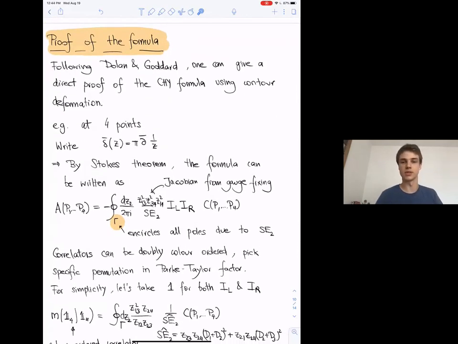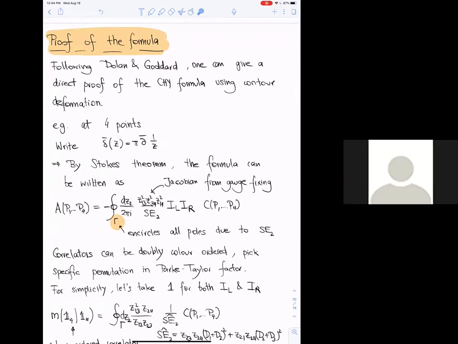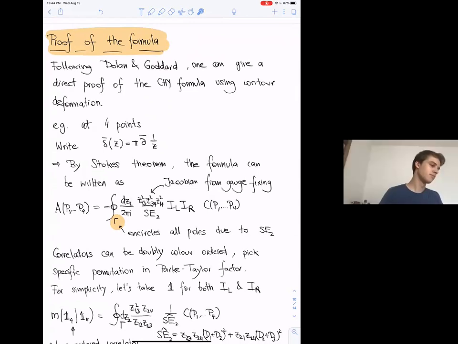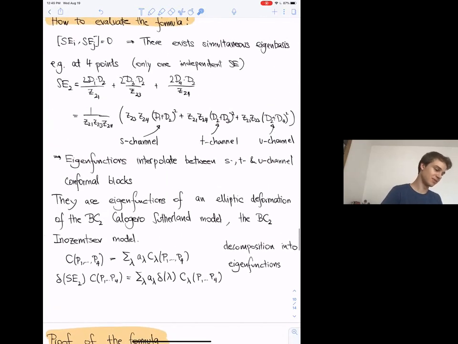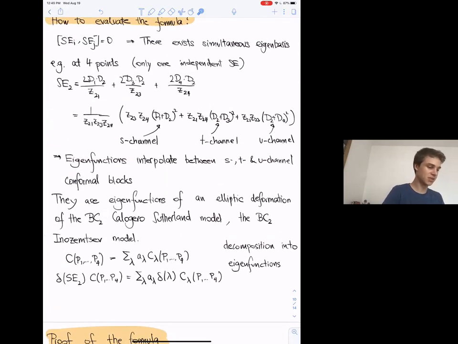Okay, so are there any questions so far? I have a question. Yes, please. Can you say more about the significance of the connection to this integrable model? Like what could you in principle do with this connection? I think it's useful because people have already studied this model, so you know that these eigenfunctions exist. Maybe another nice thing is that you might ask why it is an elliptic deformation.